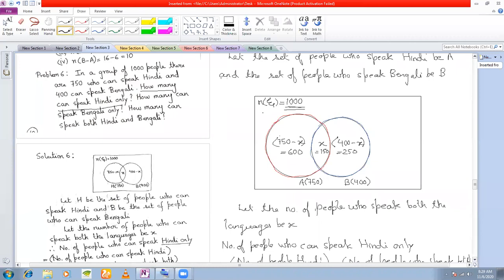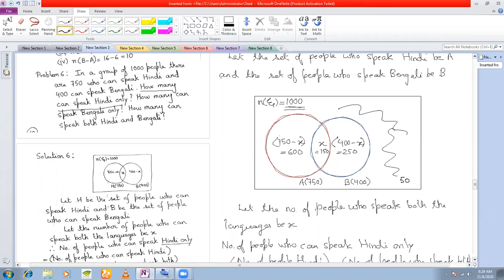No. We'll do this type of problem later on. Suppose here, apart from this information, it was given that 50 speak none of the languages, then we would have written 50 here, because this region represents those people who speak neither Hindi nor Bengali nor both, right?